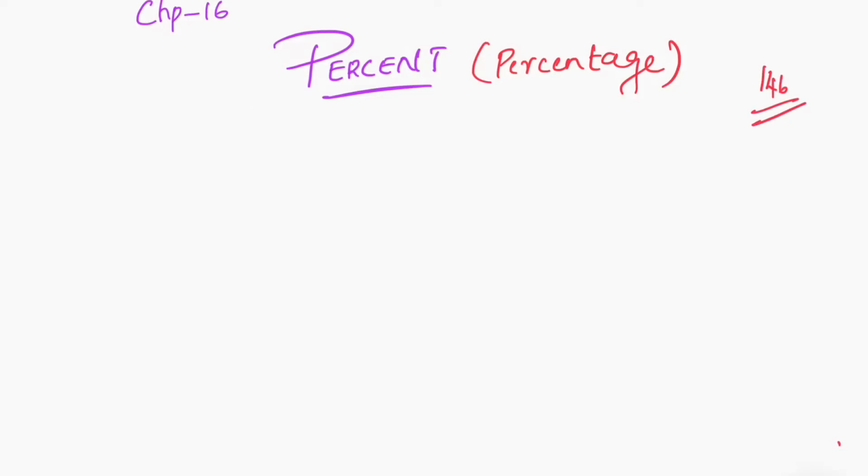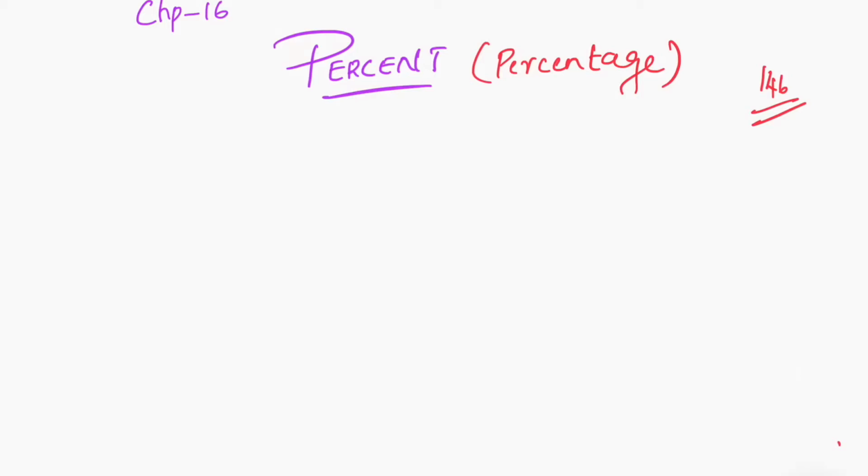Per means for every or out of, and cent means 100. Thus percent means for every 100 or out of 100. For example, in an examination for 100 marks, if Geeta secured 83 marks, that means Geeta scored 83% marks.